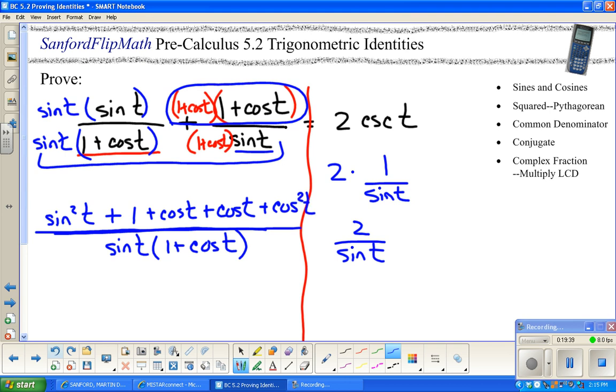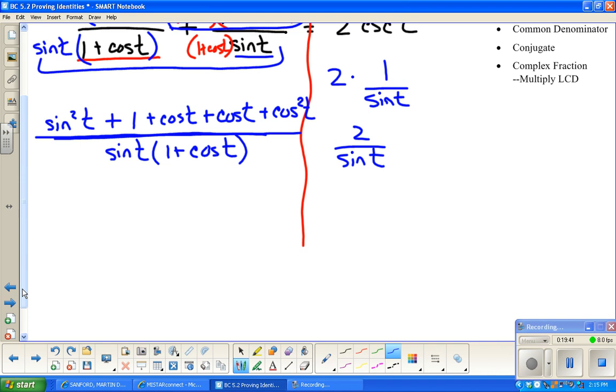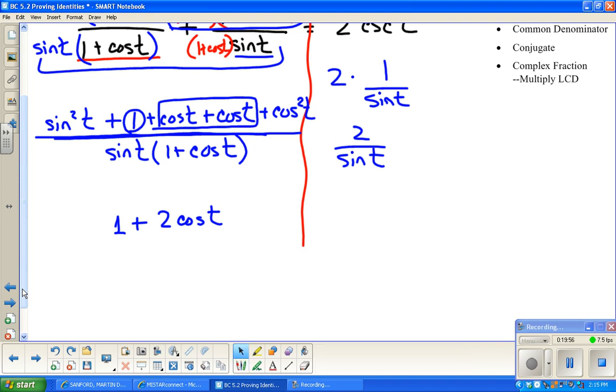All right, so a couple things that I notice here. First of all, I have this 1. I have a cosine t and a cosine t. So you guessed it, that's 2 cosine t. And then the other thing I have is, it's that doggone telephone again.